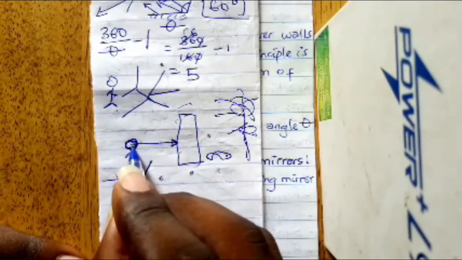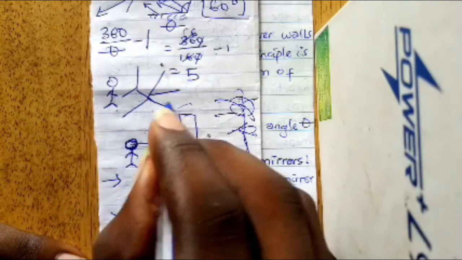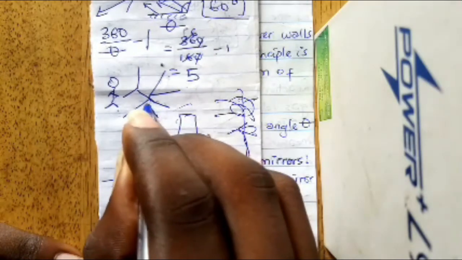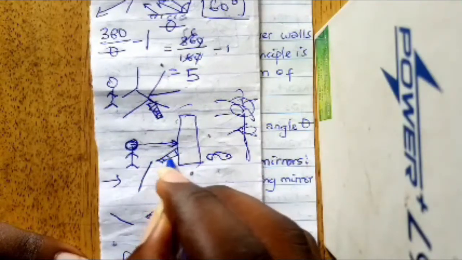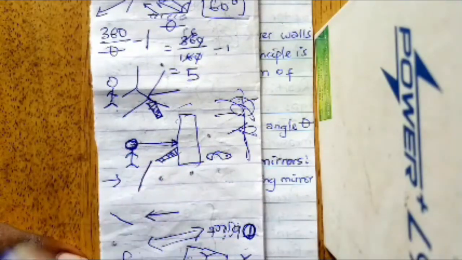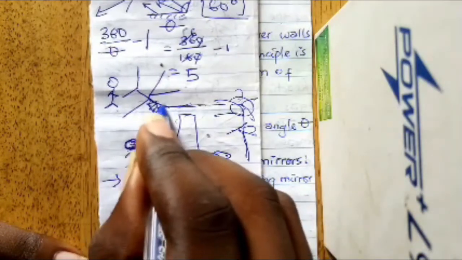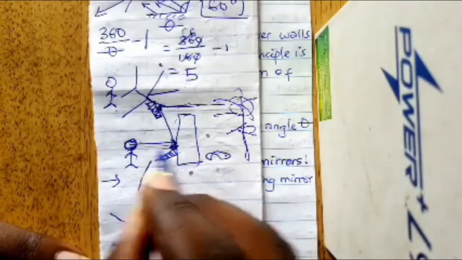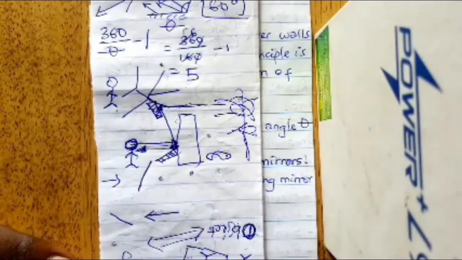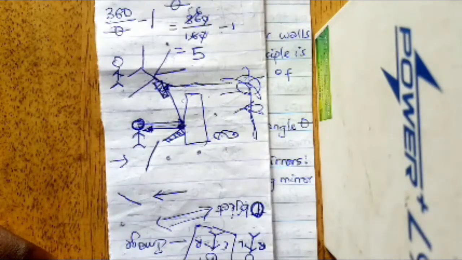So you have a man standing here, and using a periscope, you have the tree here. The periscope has a mirror here, and it has another mirror here. A man looking through a periscope: the light wave from this tree travels to this point and is reflected down and reflected to the man's eye. So the use of a periscope enables a man to see over obstacles using the principle of reflection.